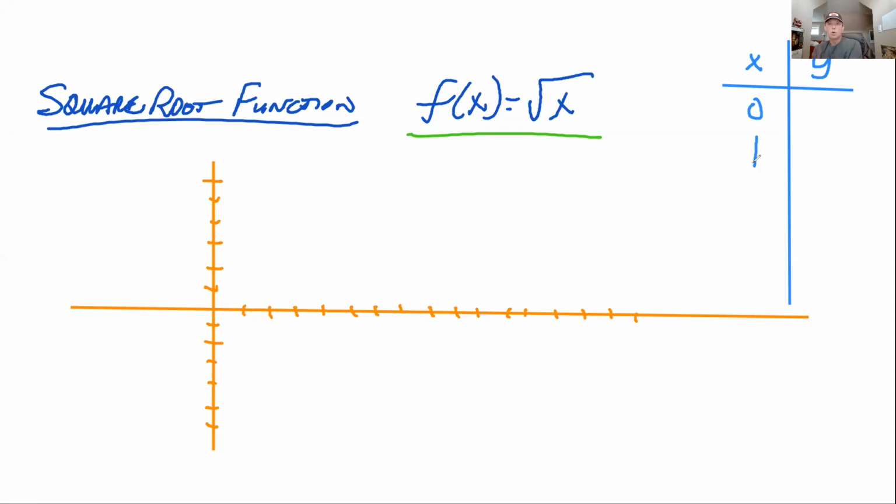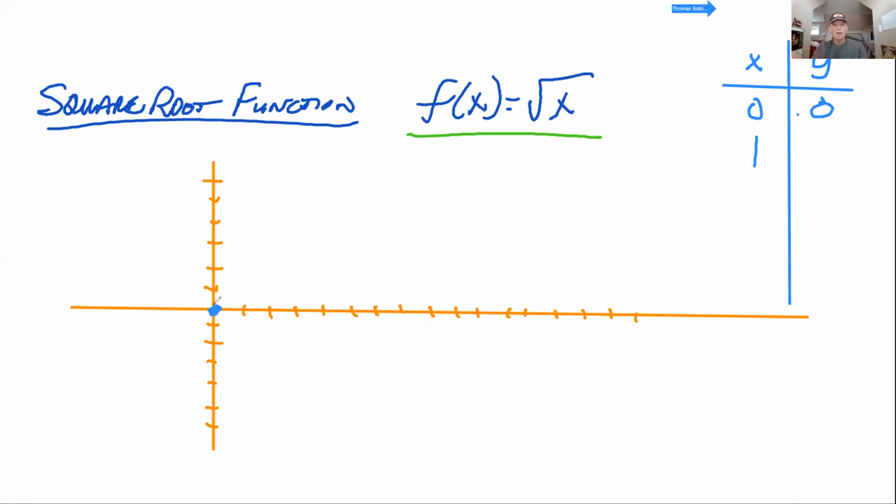So the question is, what do I multiply by itself to get 0? And the answer is 0. So I'm going to go ahead and put a point here, 0, 0.